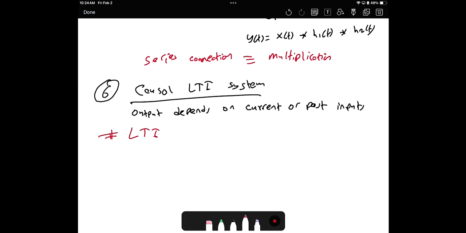An LTI system is causal if and only if h of t is causal. So if the impulse response is causal, then the system is causal.